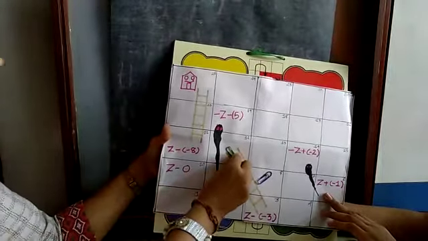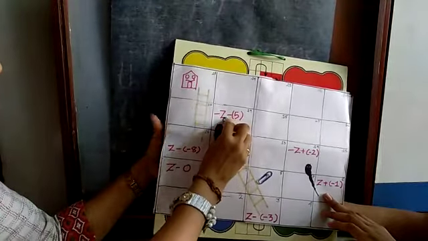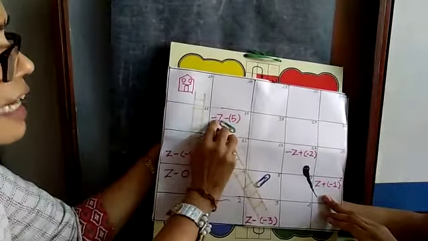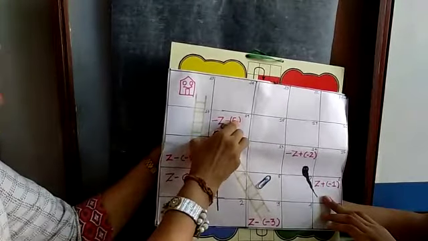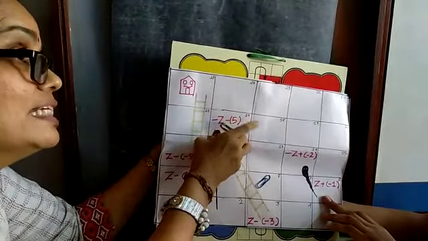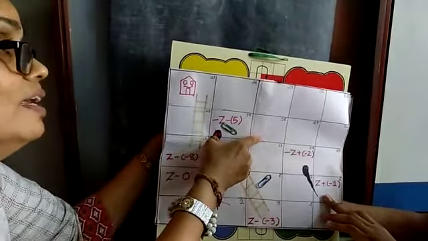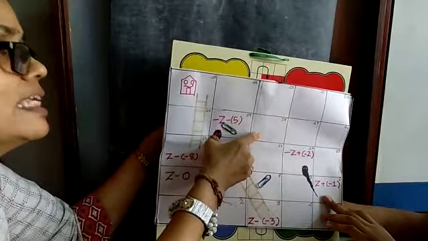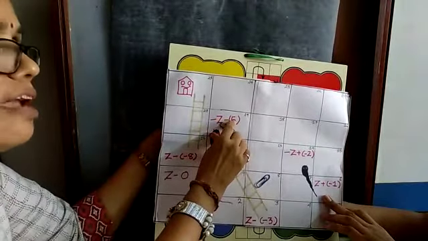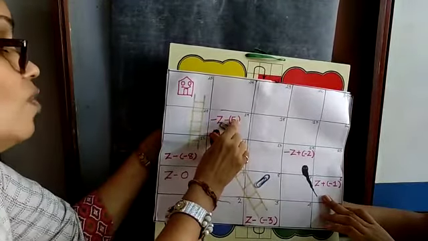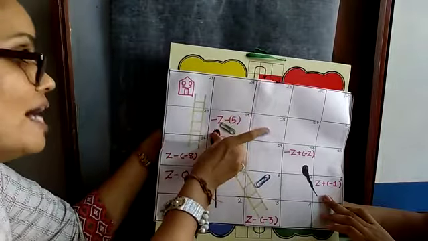Understood? If I come here, and my Z is suppose again 6, so 6 minus 5. The operation will be minus minus, as I have shown you in the game. Minus minus is plus. So operation will be plus. So 6 plus 5 is 11. But the sign of the bigger number is minus.